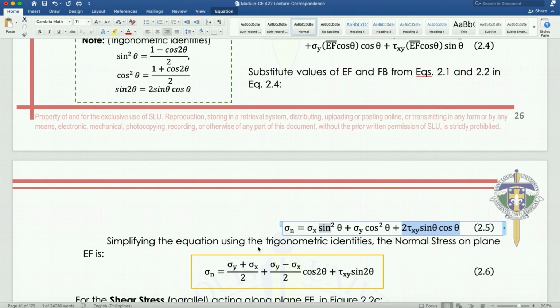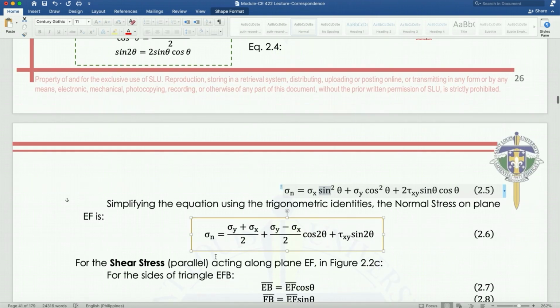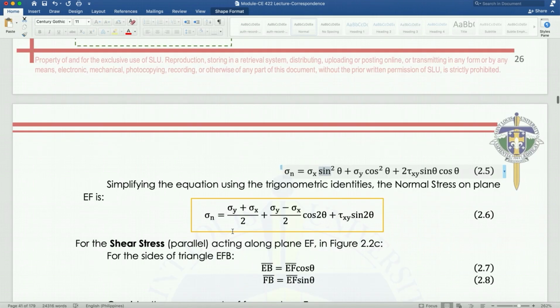So substituting and simplifying, sigma n, or the normal stress on a plane, is equivalent to sigma y plus sigma x over 2 plus sigma y minus sigma x over 2 cosine 2 theta plus tau xy sine 2 theta. And this is our sigma n.